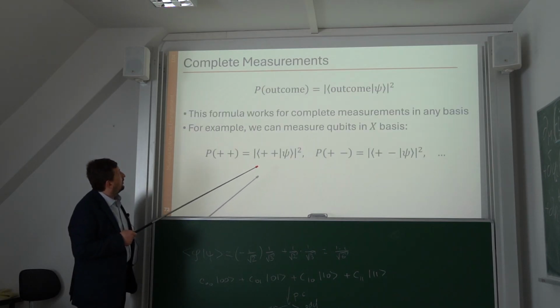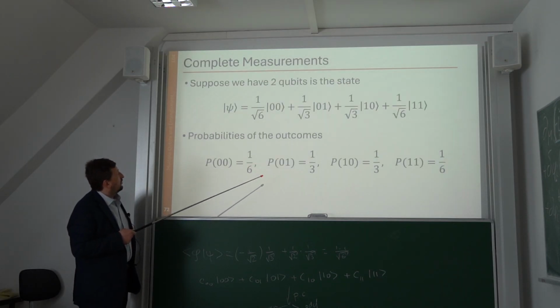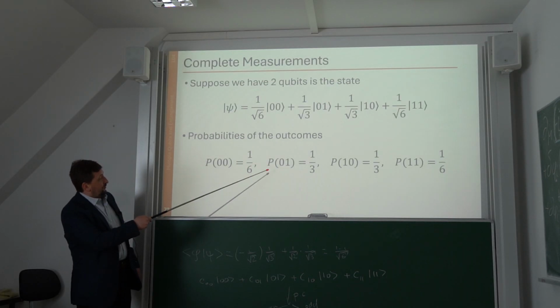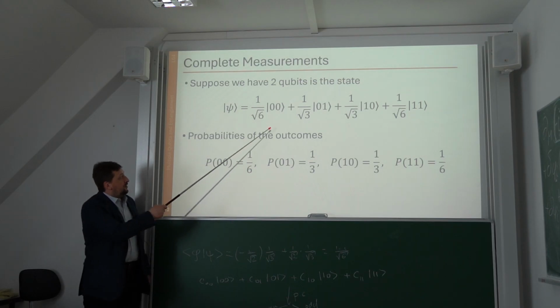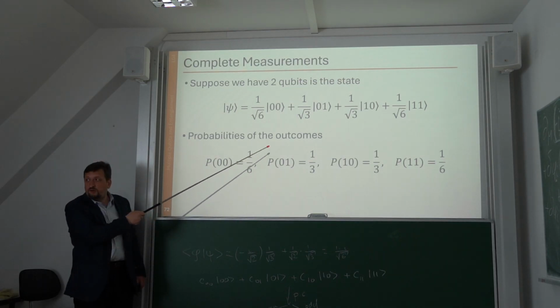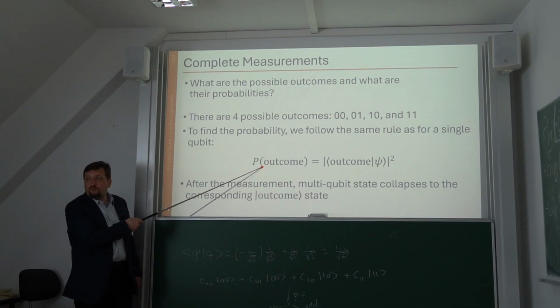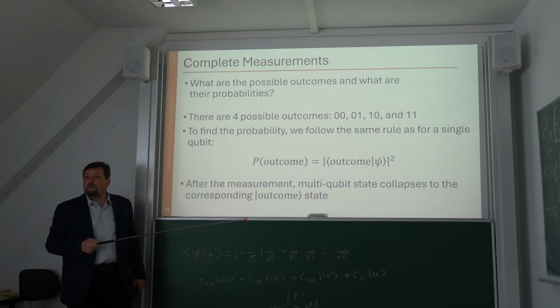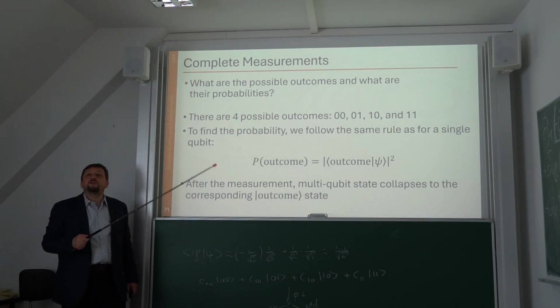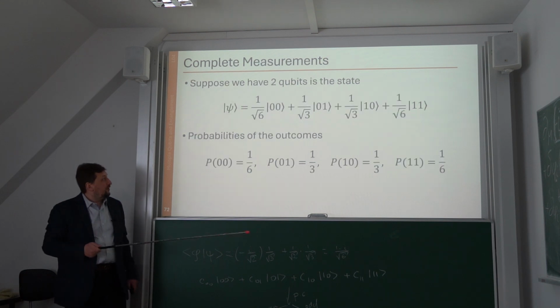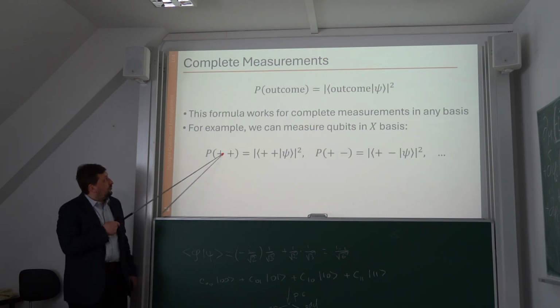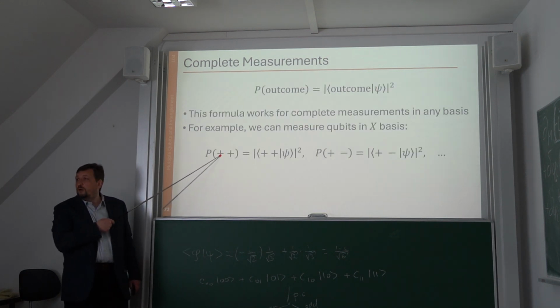This formula is useful when we have some more complicated measurements. Measurements in the computational basis are very easy. You don't need to use this formula in reality. But what if you want to measure qubits in a different basis? For example, what if you want to measure these two qubits in the ++ basis?